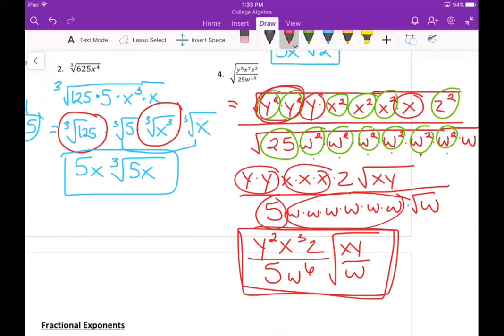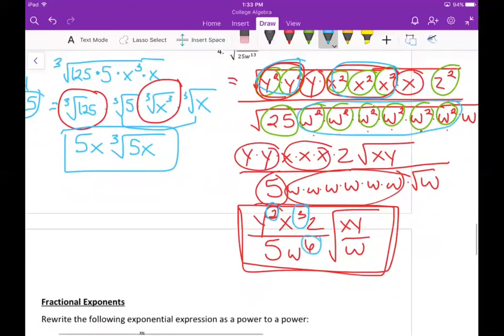The 4 got divided by 2 to become 2. X to the 6th on the inside, x to the 6th on the inside divided by my root of 2 to become 3. W to the 12th on the inside, there's 12 w's there, became w to the 6th on the outside.